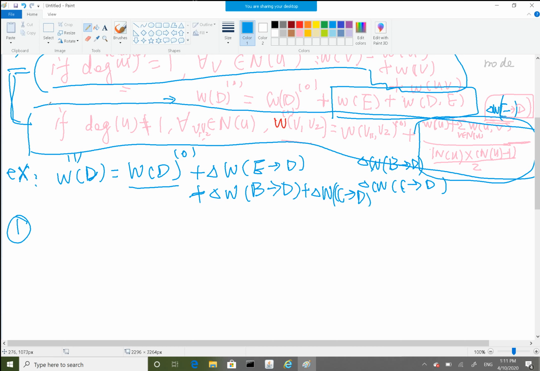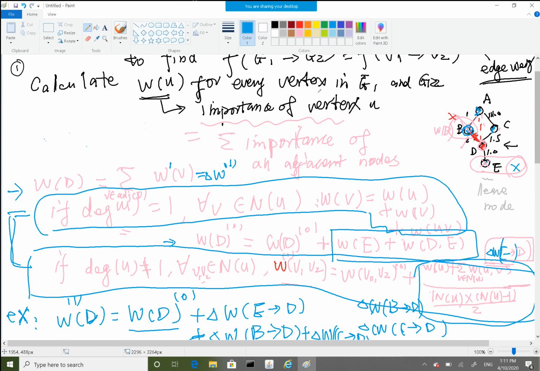You don't need to do that one more time. Because in the graph, if something is not in order, the calculation will be redone. For example, when you consider this D, you consider the contribution from B, C, E, right? And then if there is another node, for example F, that may connect with C, then the contribution from C also needs to consider the contribution from F. So it's kind of tangled together.